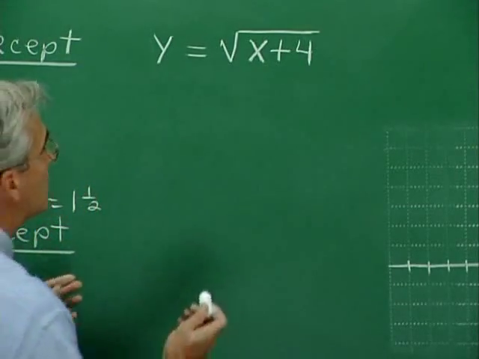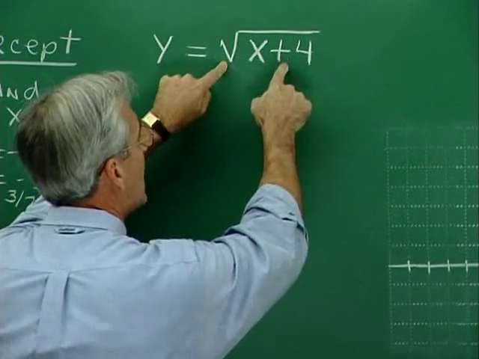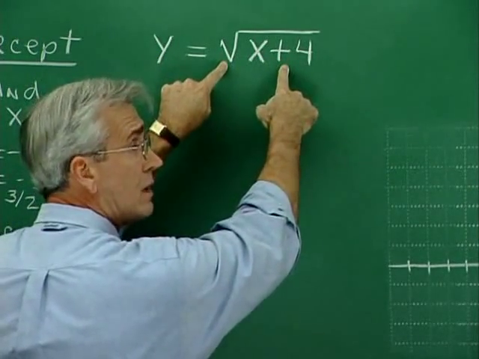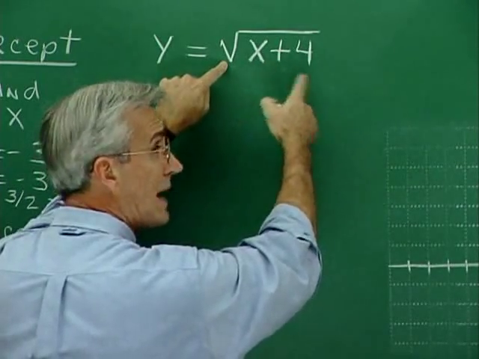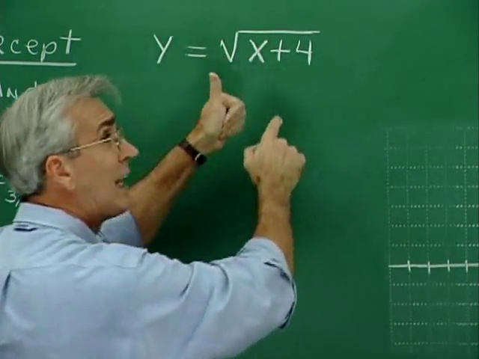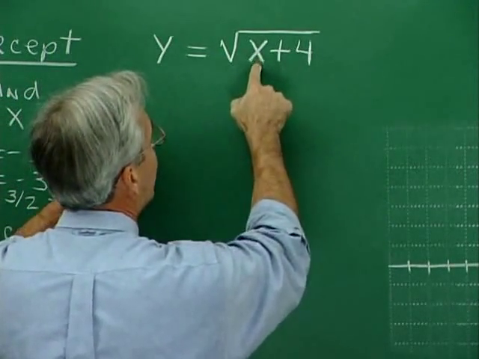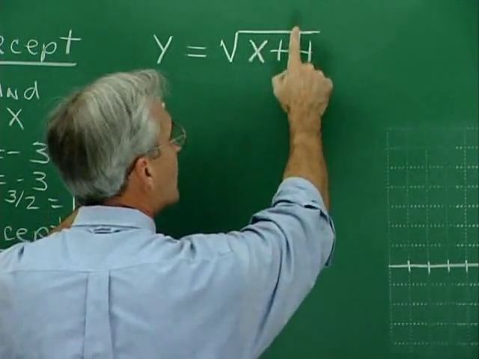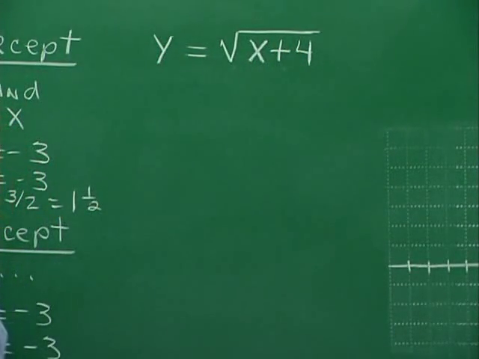Also, we need to realize that in taking a square root, we can only take the square root of positive numbers or 0 in the real number system. So we have a limitation on the domain here, on the replacements of x. x can't be any less than negative 4. If it were negative 5, for example, negative 5 plus 4 would be a negative number. So that's out of the realm of possibility here.